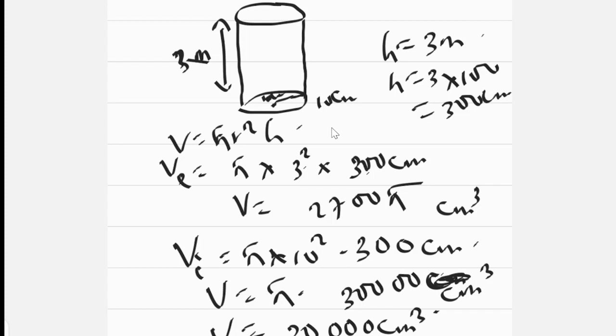The external radius should be 13, because when you add 10 plus 3 together, you know from the question, the metal is 3 centimeter thick, and the internal radius is 10 centimeter.